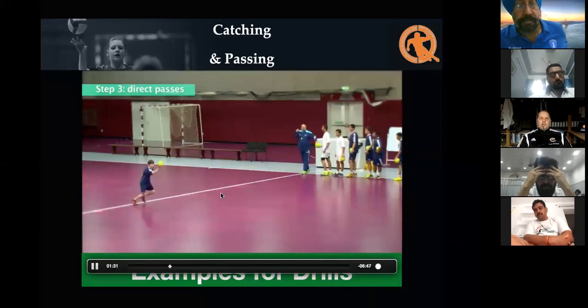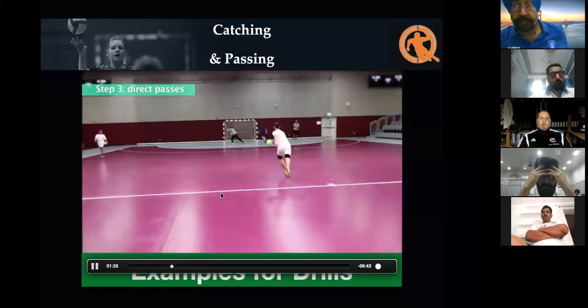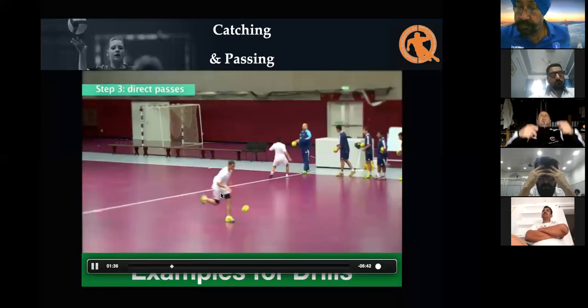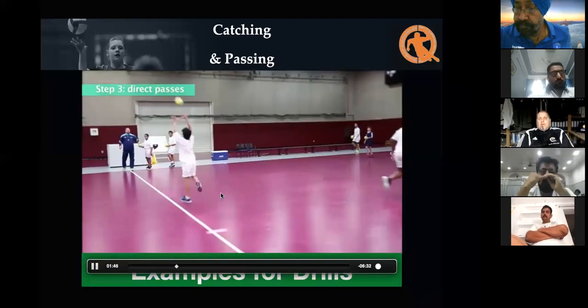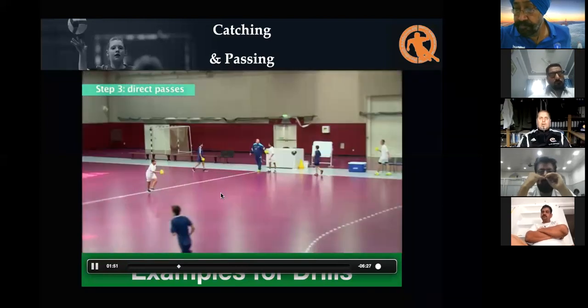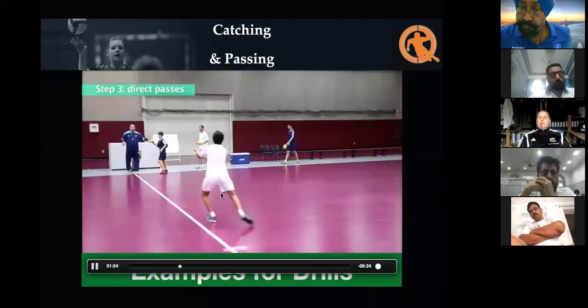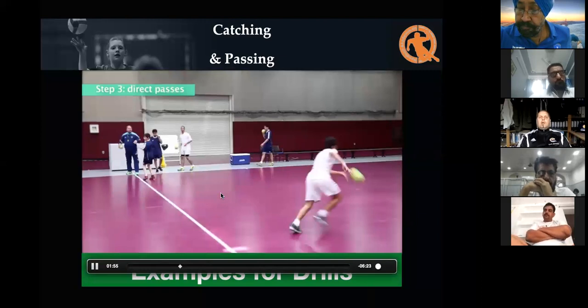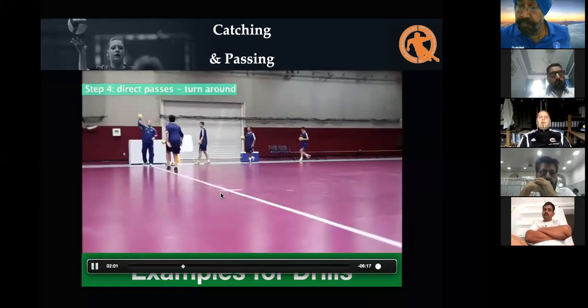Now, in the second step, it's a lob we introduce here. So the players, while running back, have to calculate the direction of the ball, run back, lift up the arms, maybe jump in the air, and catch the ball properly. And again, starting with the easy one is the 90-degree turn, and the second step is the 270-degree turn.